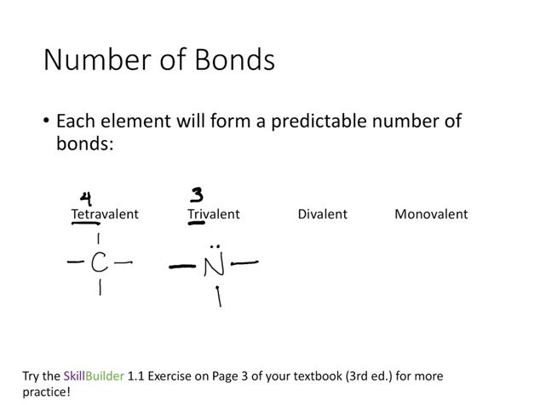We've also seen that oxygen has 6 valence electrons. 2 of those electrons are unpaired and can make bonds, so it is divalent. And hydrogen has 1 valence electron, so it can make 1 bond, so it is monovalent. Additionally, halogens, like chlorine, have 7 valence electrons with 1 unpaired electron, so it can also make only 1 bond.